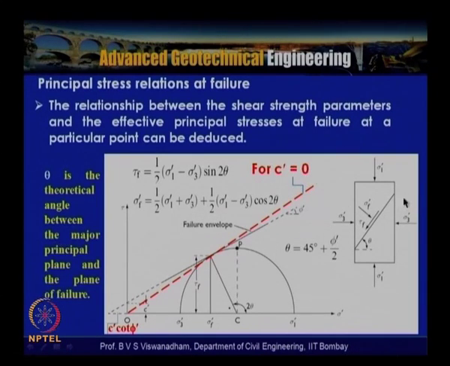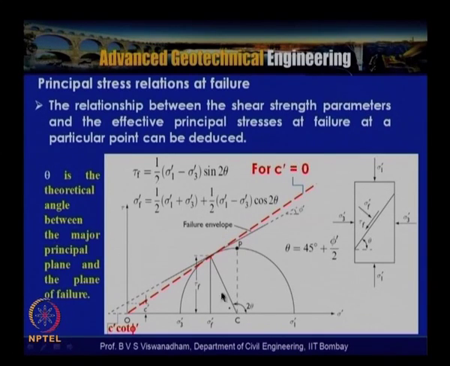The failure surface is assumed to be inclined at theta, or another notation we follow, alpha f, where f is the failure plane. Sigma dash f is the normal stress acting on the failure plane, and tau f is the shear stress acting on the failure plane.